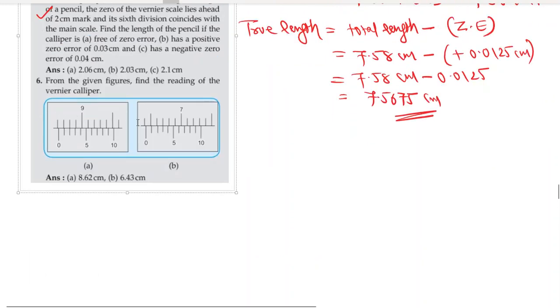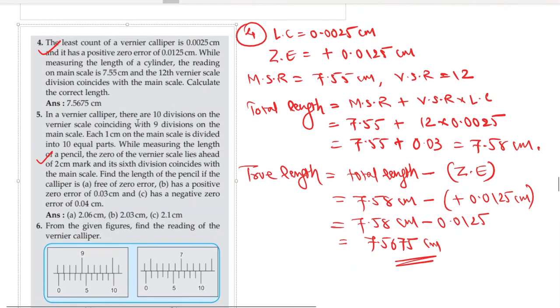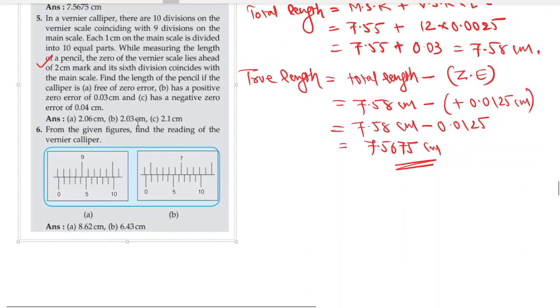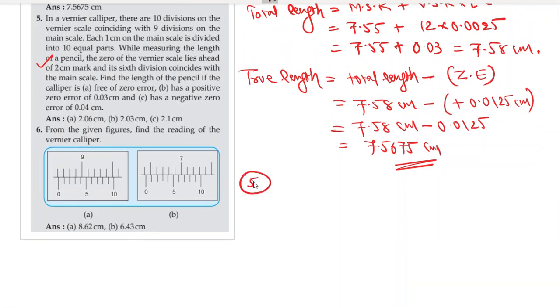The next doubt is question number 5 from this page. Okay, let's do question number 5 over here. So what they are asking: in a vernier caliper, there are 10 divisions on vernier scale coinciding with 9 on the main scale.